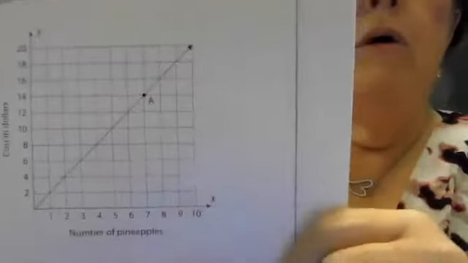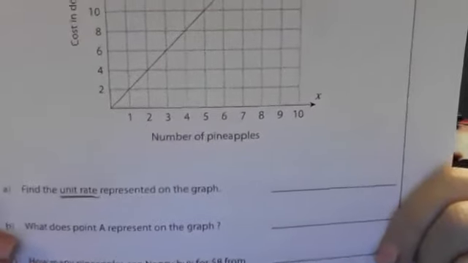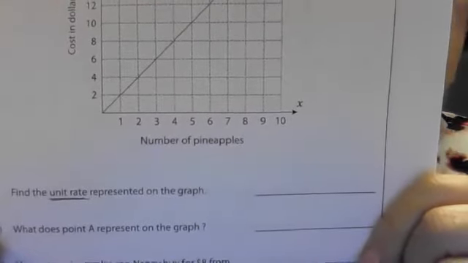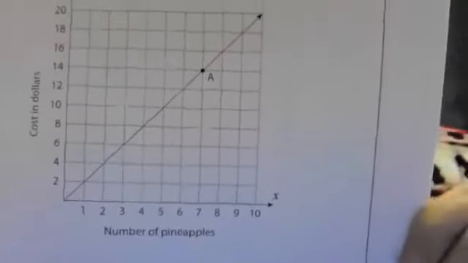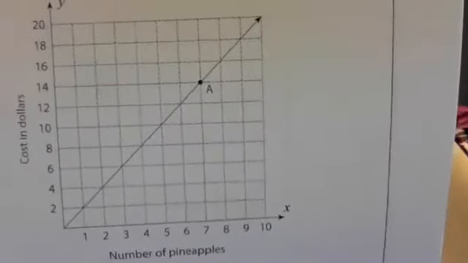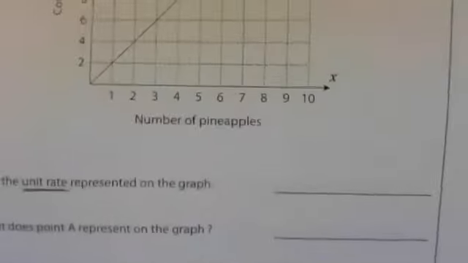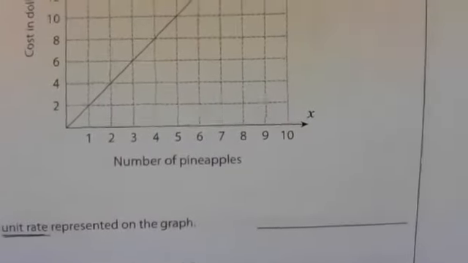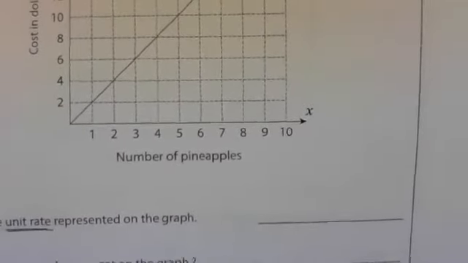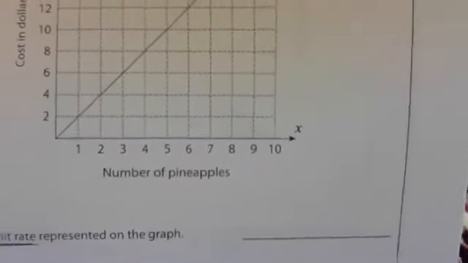So now, one of the questions, yes, A question says find the unit rate. Now, what does unit rate mean? Unit? 1, right? So when they say the unit rate, they want to know, what does 1 pineapple cost? $2, okay?